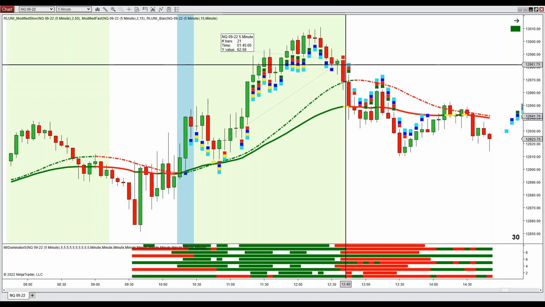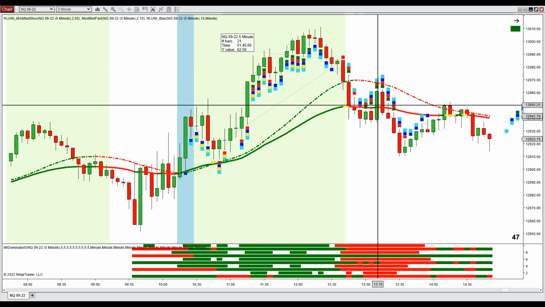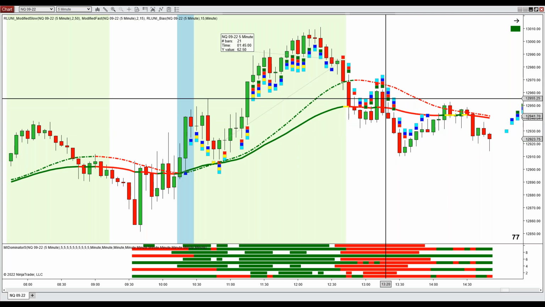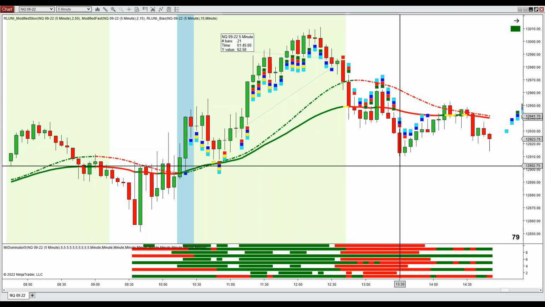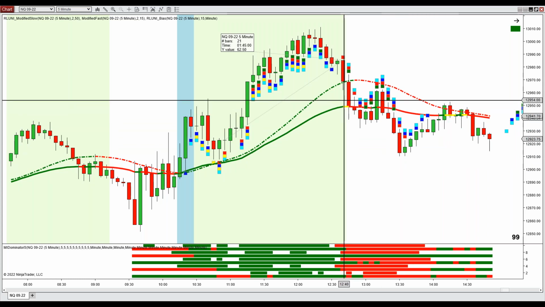Look at that next signal. 3 boxes against you, 2 boxes, and price is just driven down by the market internals. So as soon as you get that reverse, you're gone. You still make 62 points. That's 240 ticks on that trade.